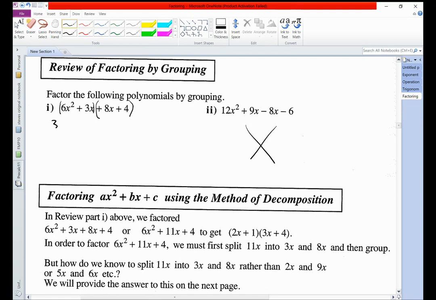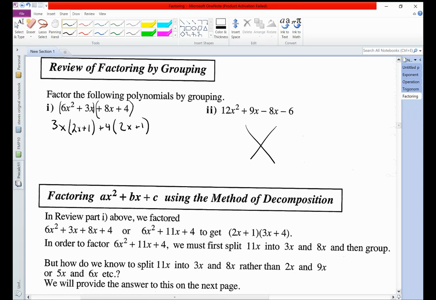So we can remove 3x, and we're left with x plus 1. And then we can remove out of the second one a positive 4, and we get 2x plus 1. I made a mistake here on the first one. If I factor out a 3x, I end up getting 2x plus 1.